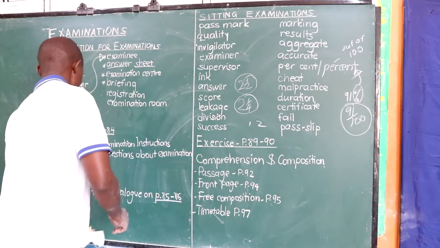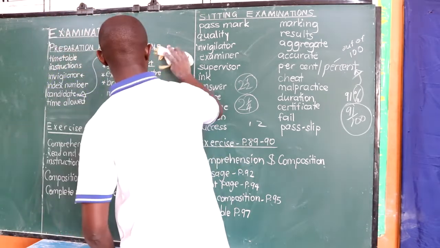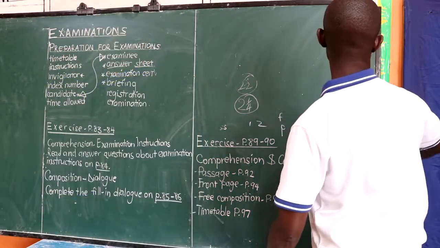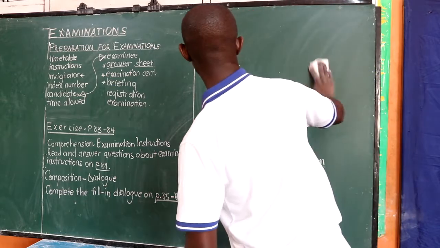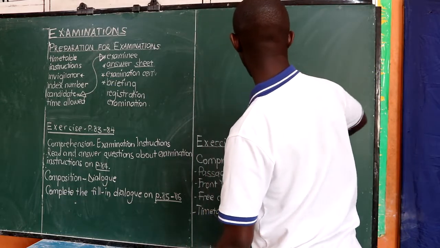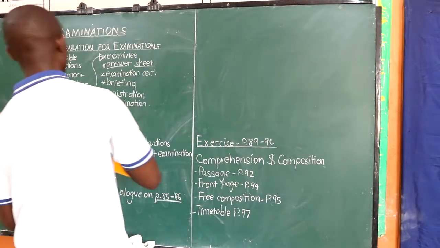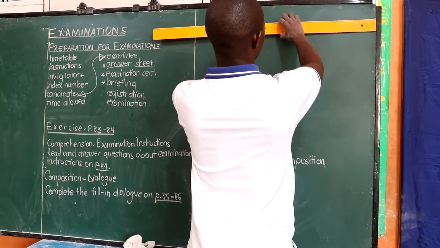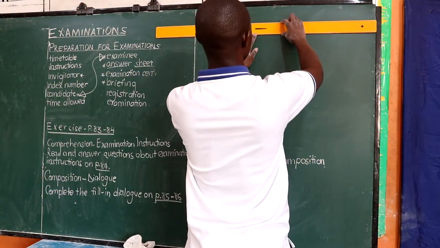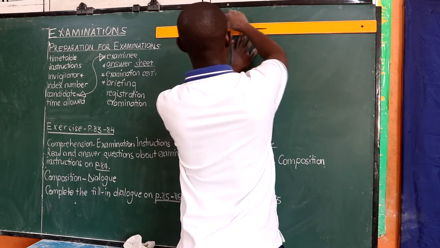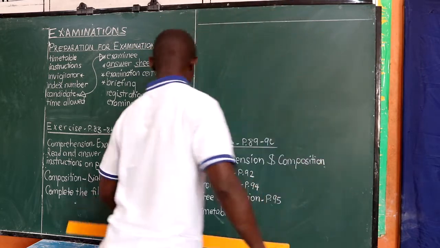No, let me say something about this. In a composition, you expect to see a title. Each composition is supposed to have its title. And the title, like the teacher has just emphasized, can best be written if it is in capital letters.